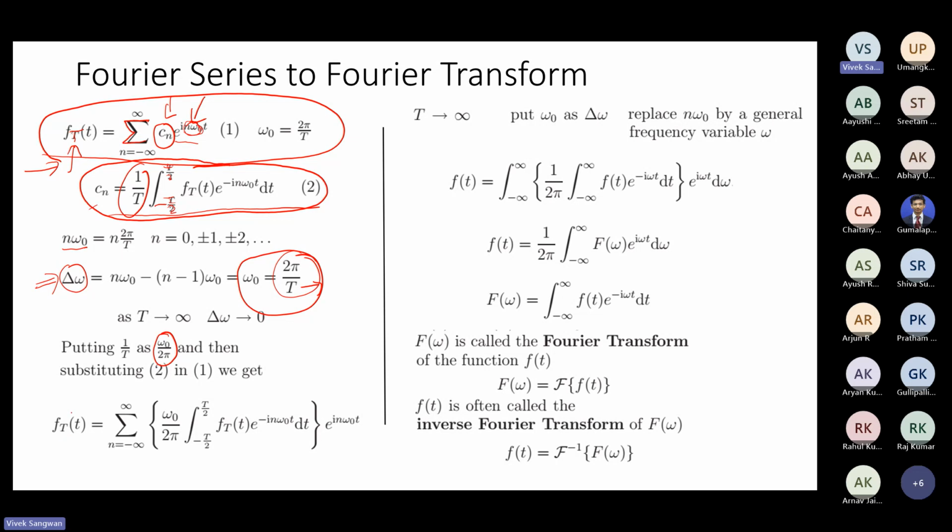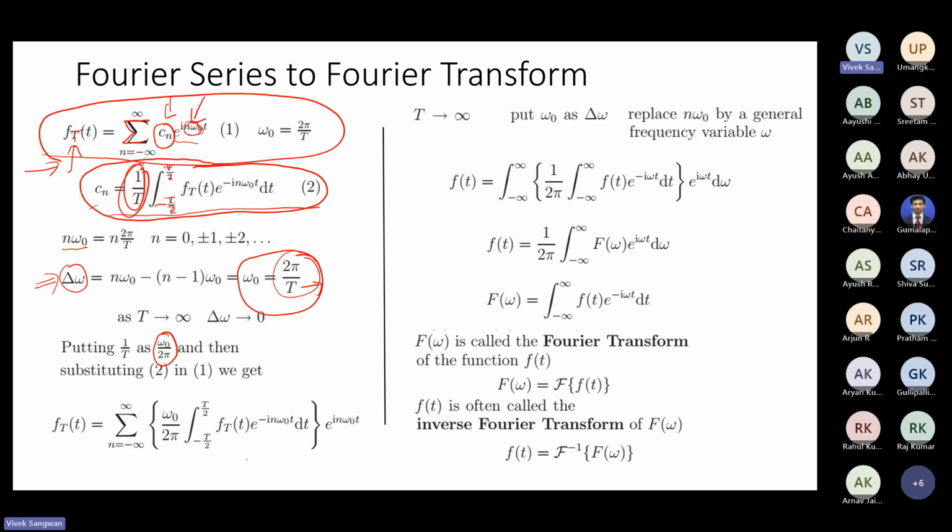By doing so, you get f of T, with the Cn substituted, where we have replaced 1 over T by omega 0 by 2 pi, and we still have this summation. Now, in this summation, we will do the modifications that we are interested in.